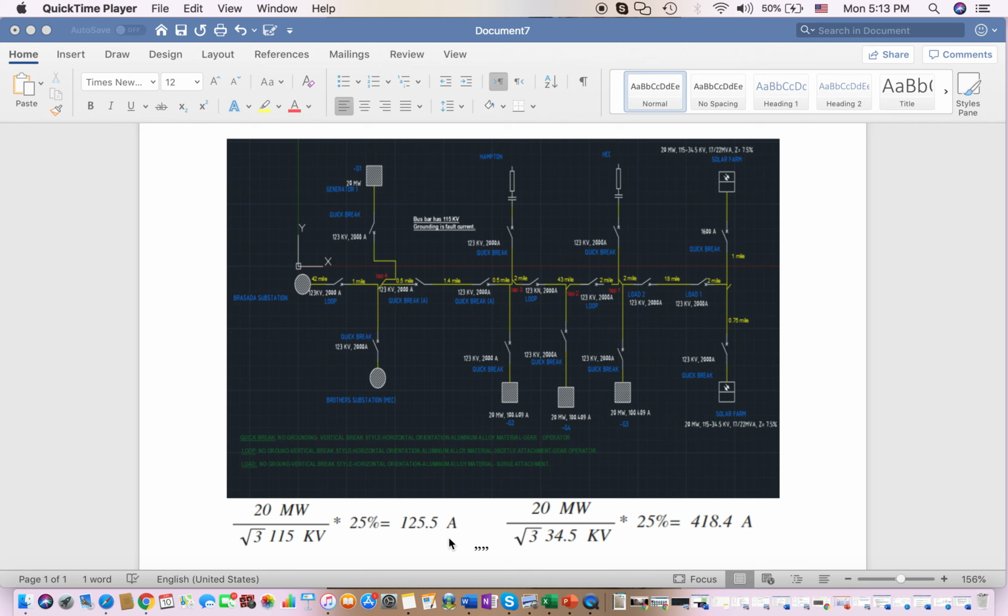And the second calculation is the current coming from the two solar farms in here, providing 20 megawatts and 34.5 kilovolts as followed in here, which we will get 418.4 amperes. The result is a current running through the first node of nearly 1000 amperes, since there are only two solar farms and one generator.